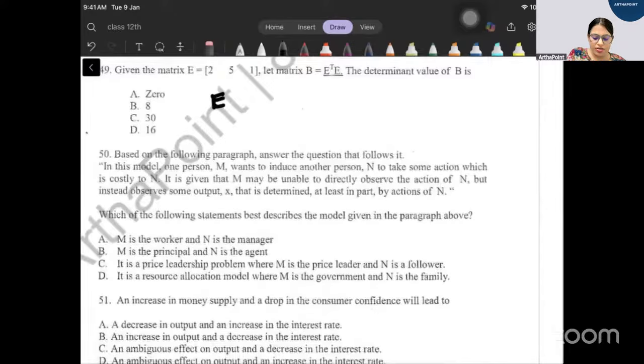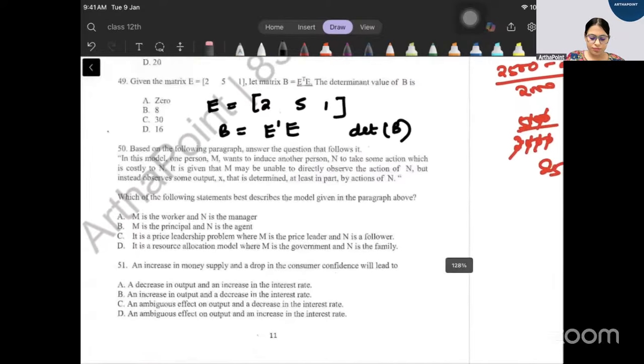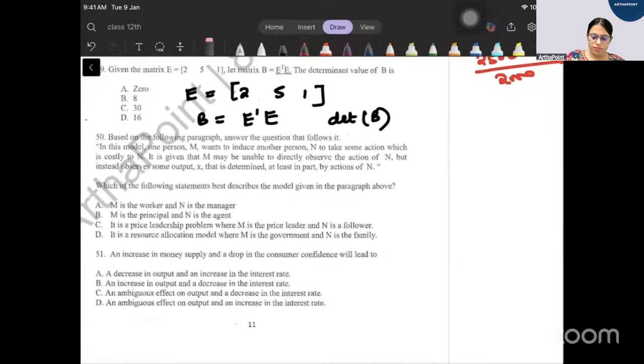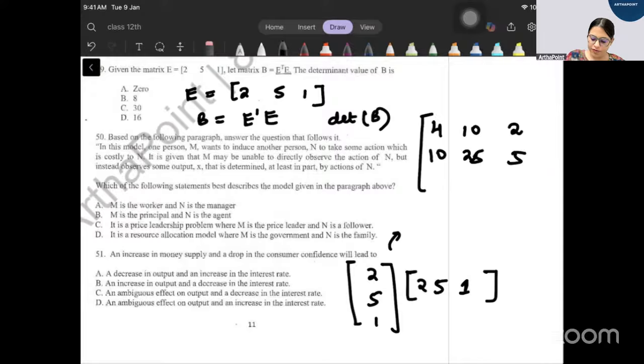Given matrix E 2 5 1 and matrix B E transpose E, find the determinant value of B. Give it a try. Multiply this first. 4, 10, 2, 10, 25, 5, 2, 5, 1.